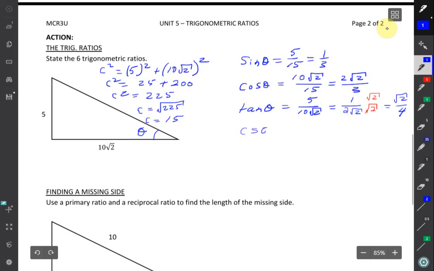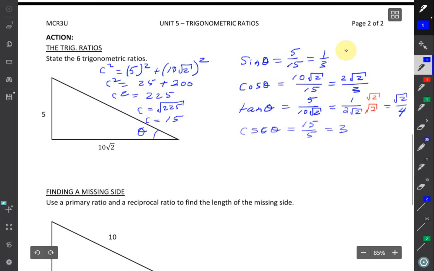Cosec of theta is equal to the hypotenuse, which is 15, over the opposite. That's 15 over 5, which is equal to 3. Or once again, we could have simply looked at its reciprocal here and flipped this to get 3 over 1, which is just 3.